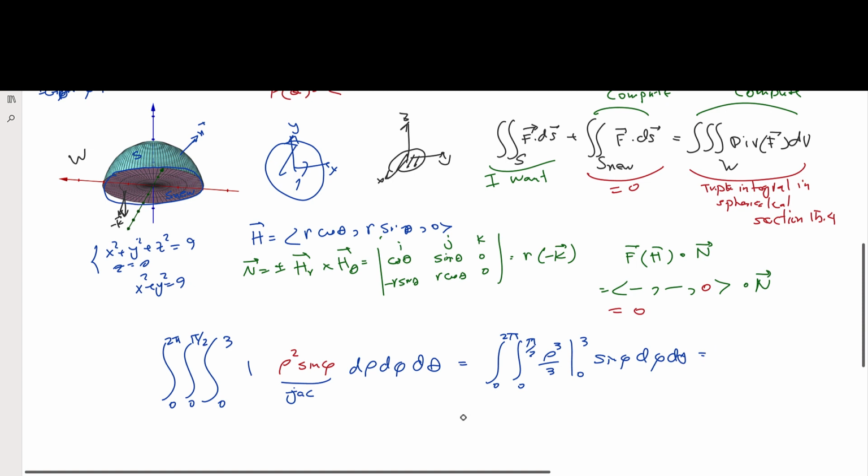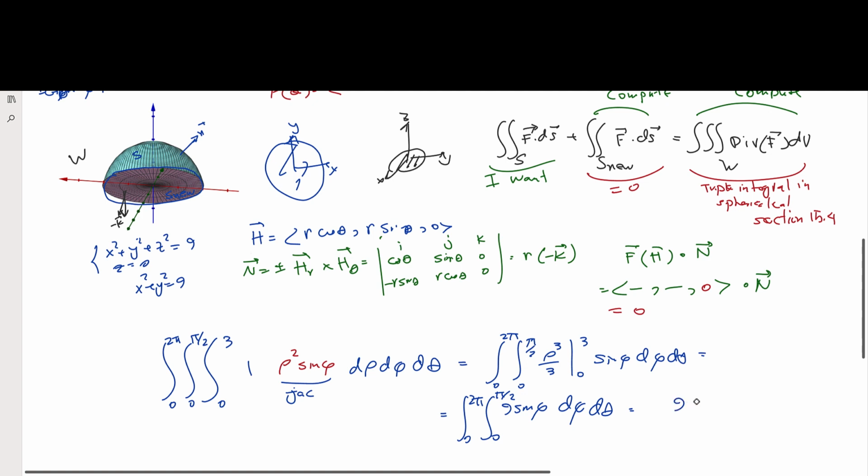I get 3 to the power 3 is 27, divided by 3, minus 0, is going to be 9. And so I have 9 sine of phi. Let's take the integral from 0 to pi half d phi, d theta from 0 to 2 pi.